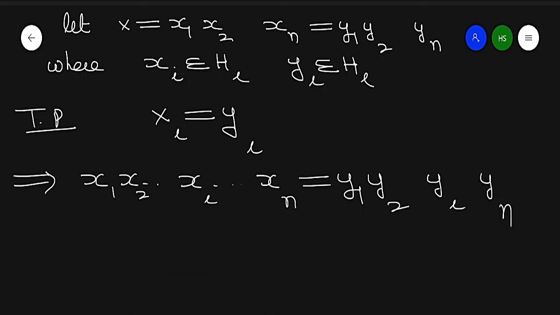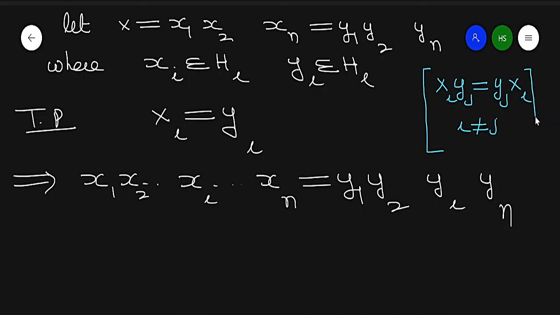Now what is given? Since Xi and Yj satisfy the commutative property, Yj Xi equals Xi Yj when i is not equal to j.